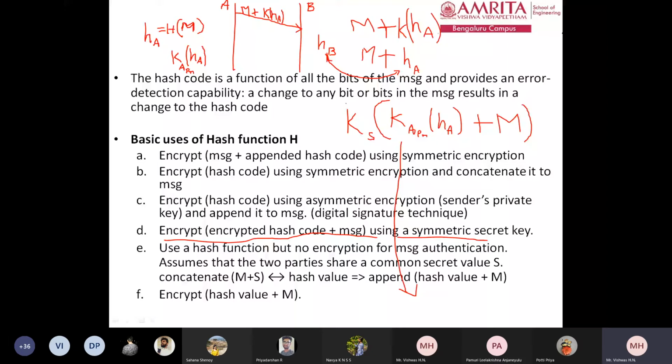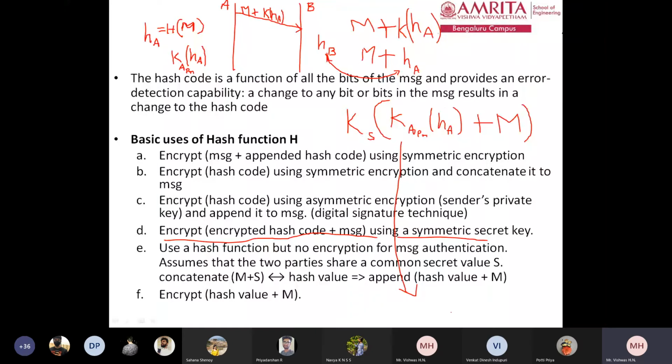When B decrypts it, it will receive the message and the encrypted hash code. That will prove confidentiality. Now this encrypted hash code will be decrypted using the public key of A, because it is encrypted using the private key of A. So when it is decrypted using the public key of A, the receiver has both H of A plus the message now.